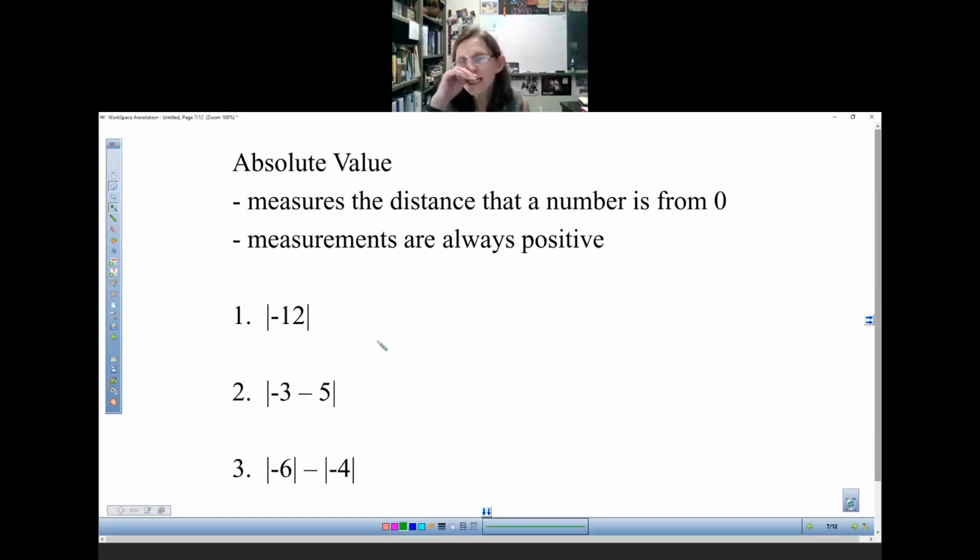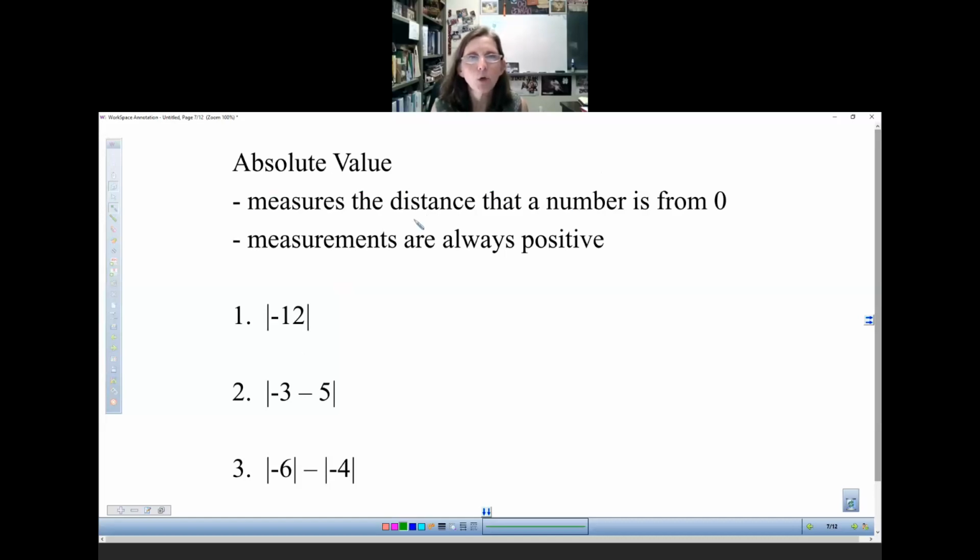Okay, so the next thing we're going to talk about is absolute value. I love absolute value because it gives us all these lovely positive numbers. Absolute value literally is how far something is from zero. Absolute value is a distance.